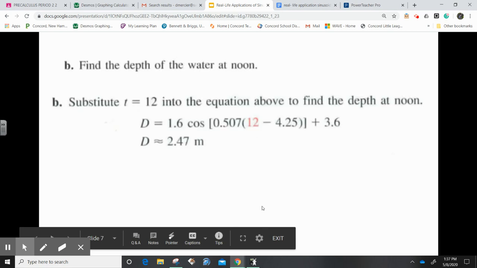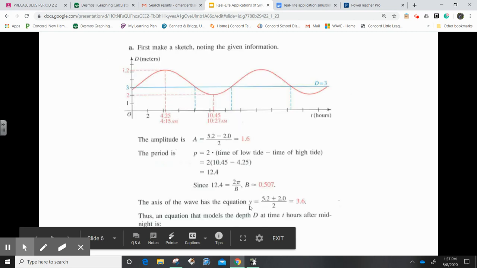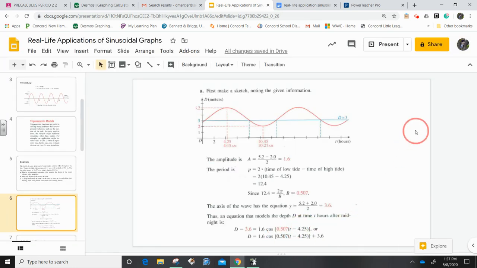All right, and you just kind of plug it in. Okay, so my amplitude is 1.6. Okay, my period.